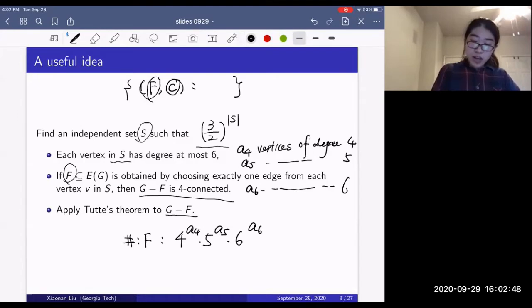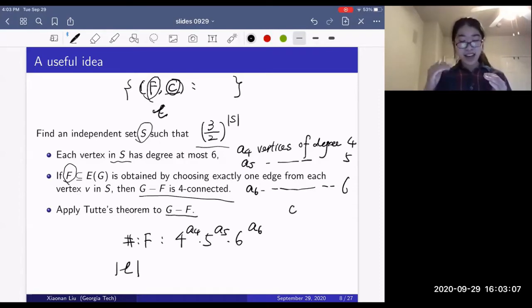Okay, now let C be the collection of all Hamiltonian cycles here. For each Hamiltonian cycle C, how many F can we choose that give the same Hamiltonian cycle?